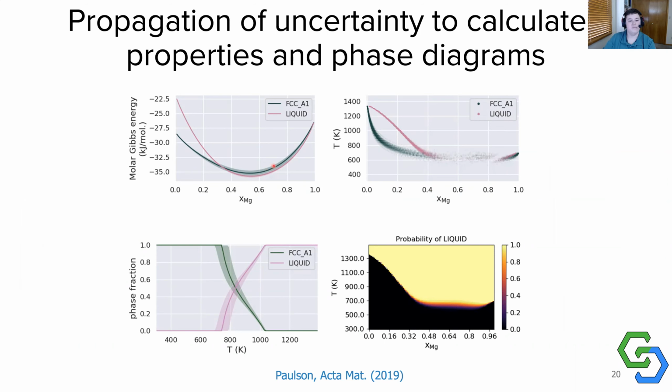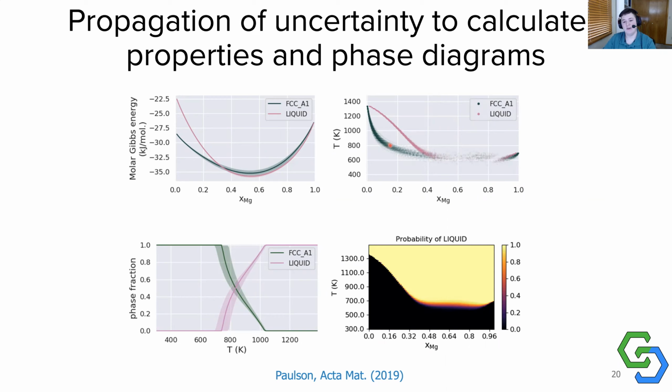And so we just have some examples here of visualizing the Gibbs energies. These are all for metastable FCC and liquid copper magnesium. Looking at the Gibbs energies, or at the solidus and liquidus phase compositions, the phase boundaries for the solid liquid metastable FCC, we've taken the phase diagram here.